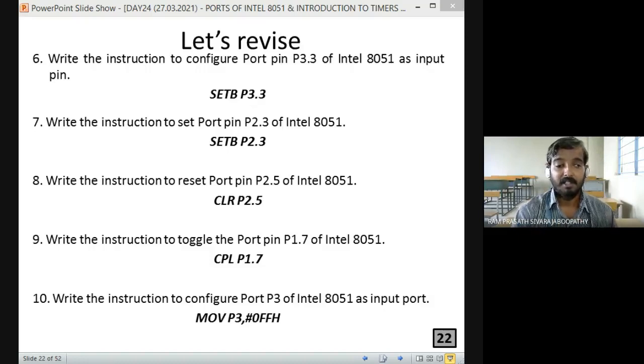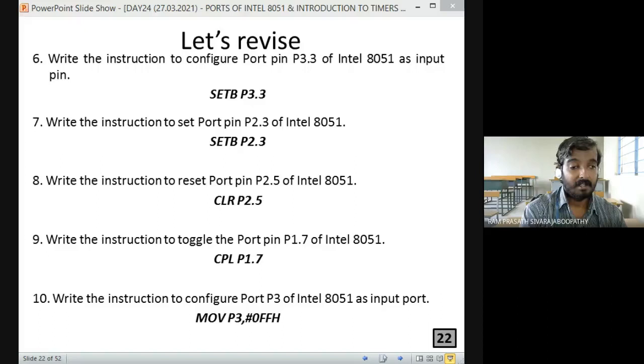After that LED off பண்ணனும். P1.0 ல கனெக்ட் ஆயிருக்கு. என்ன பண்ணிக்கலாம்? CLR P1.0. அதே மாதிரி switch P1.1 ல கனெக்ட் ஆயிருக்கு. அதை இன்புட்டா கான்ஃபிகர் பண்ணலாம். என்ன பண்ணலாம்? SETB P1.1. கரெக்ட். சோ இந்த மாதிரி எழுதலாமா பாருங்க. org 0000h.